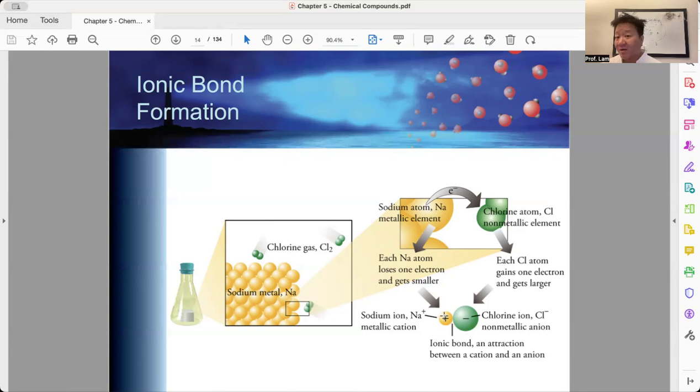We're not even talking about shifting of electron density or unequal sharing. It's complete loss and gain of electron, right? So we're on the other extreme side of the spectrum where electrons are being completely lost and gained. And that's what ionic bonding is, okay?